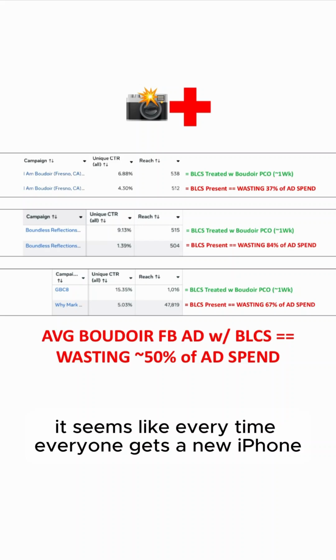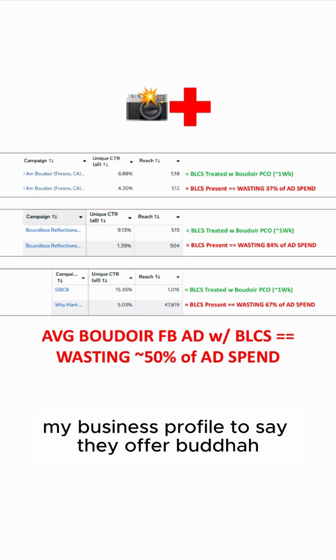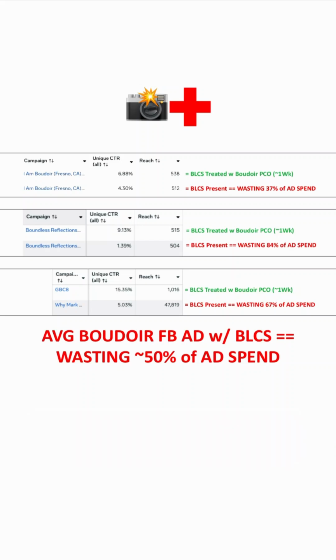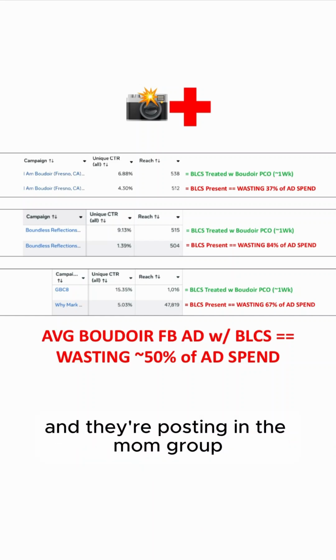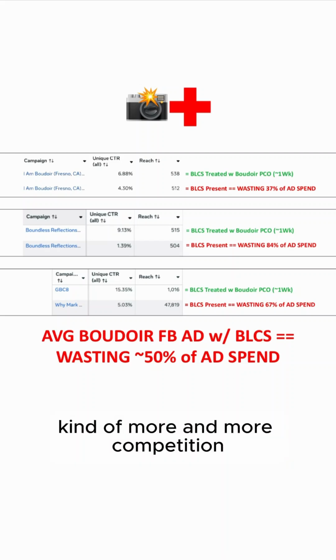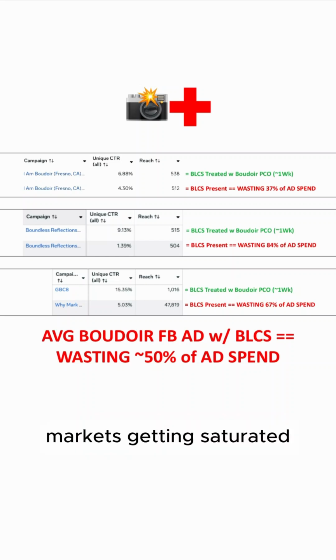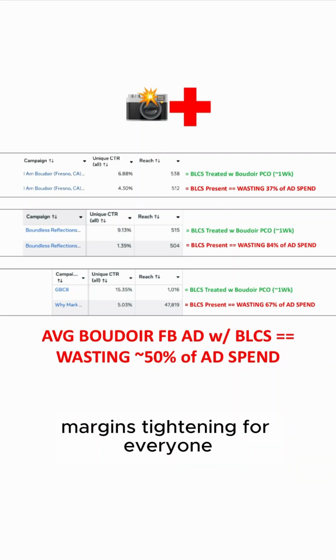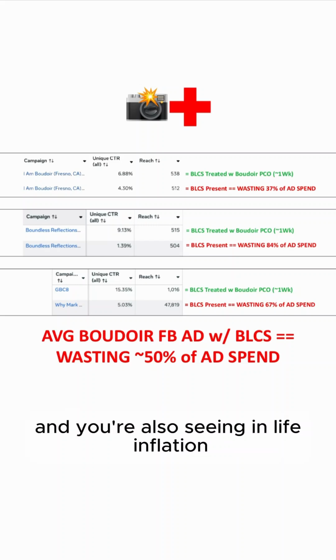It seems like anytime everyone gets a new iPhone, they turn on Google My Business profile to say they offer Boudoir, or they get a new camera and they're posting in the mom group saying they offer Boudoir. So more and more service providers, same number of buyers, more and more competition. Market's getting saturated, margins tightening for everyone, and you're also seeing life inflation, life costing more and more.